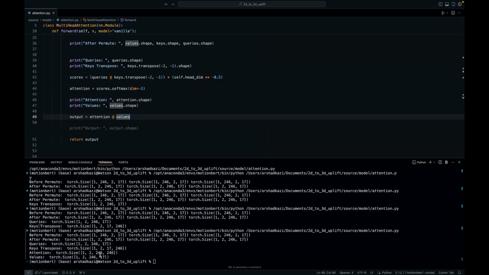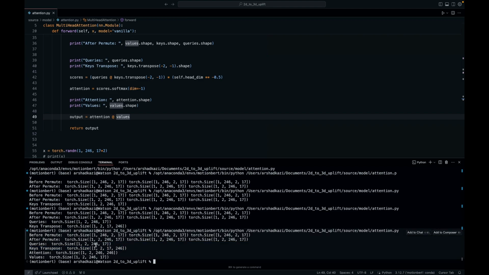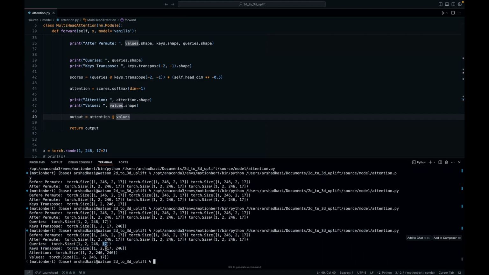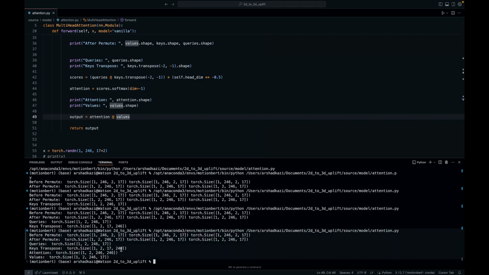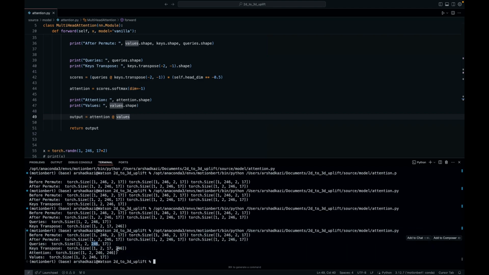We have the attention, like I said, 246 by 246, because we are combining queries and keys for each contextual length. After performing this operation, 246 by 17 into 17 by 246, the actual output would be 246 by 246. So this would be our attention size.